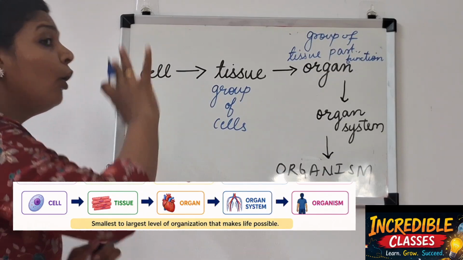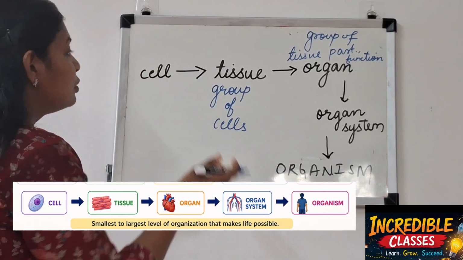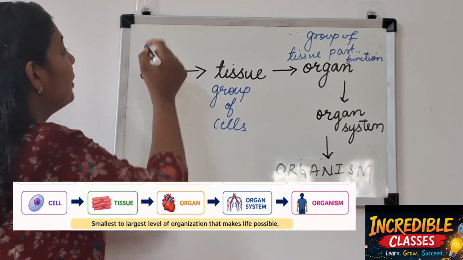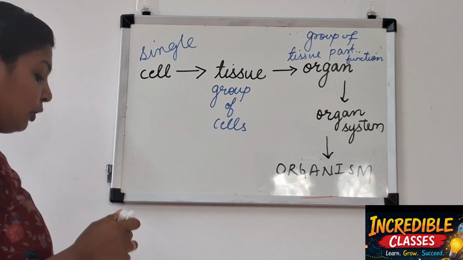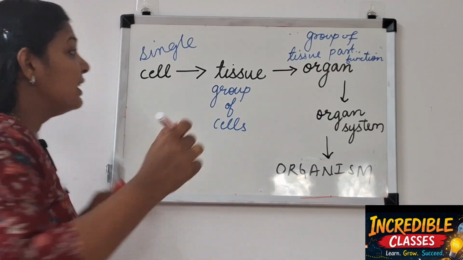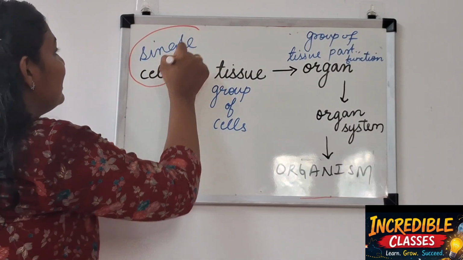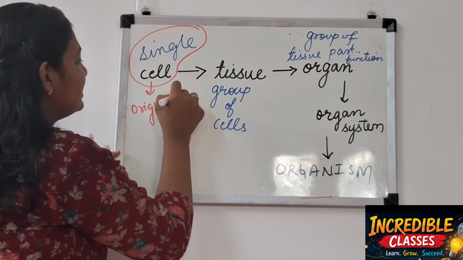So all our organisms, or human bodies, actually originate from a single cell. Our whole body, a human body, actually originates from a single cell.